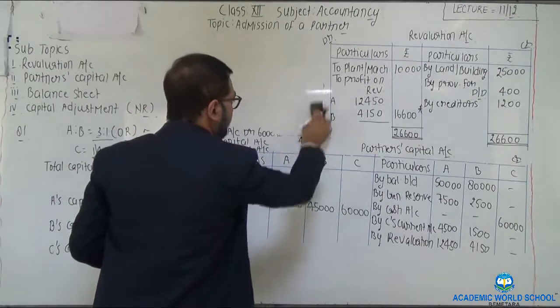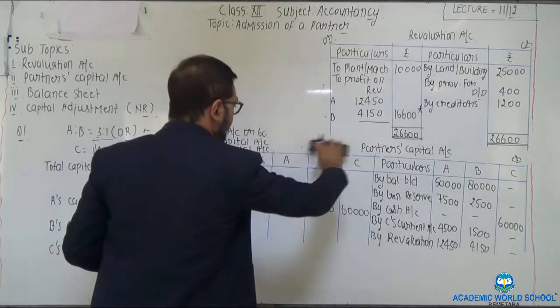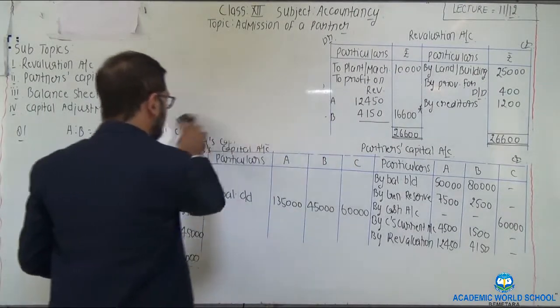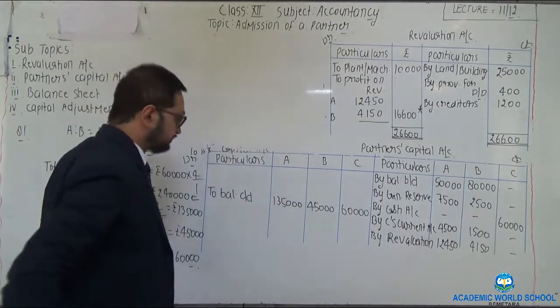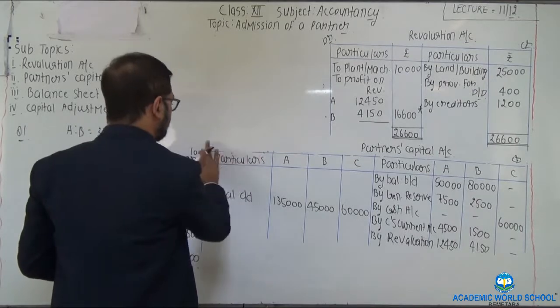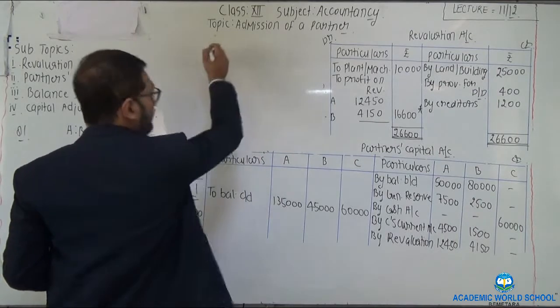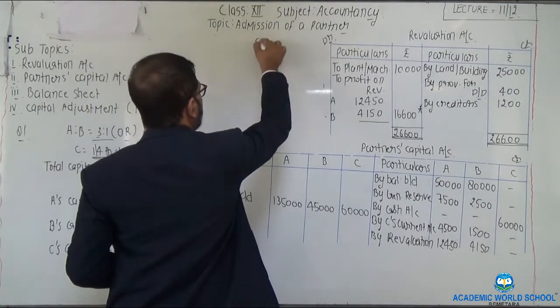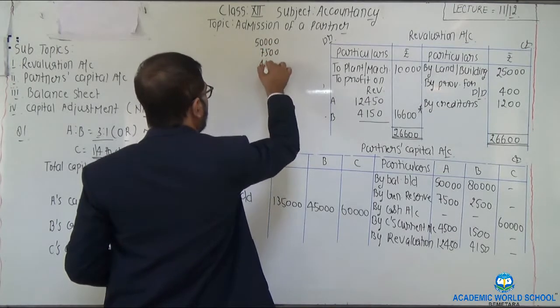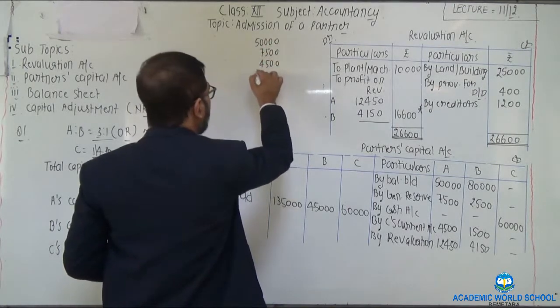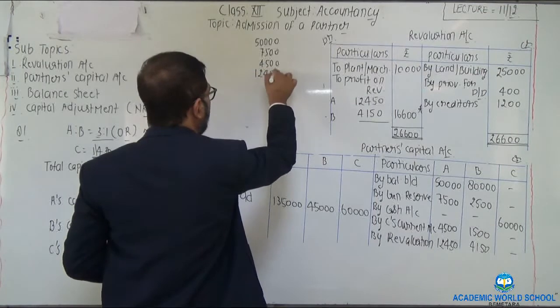Total of credit side of A is 50,000, 7,500, 4,500 and 12,450.